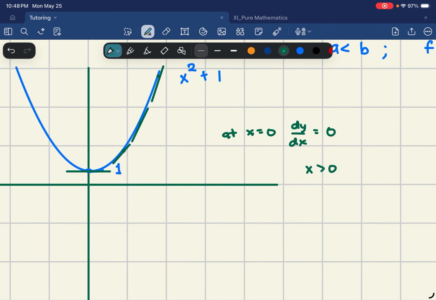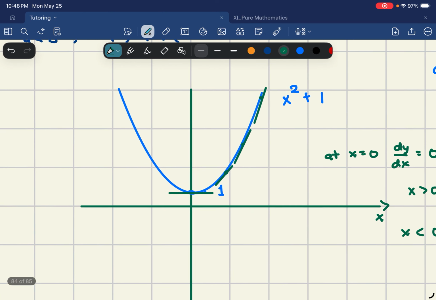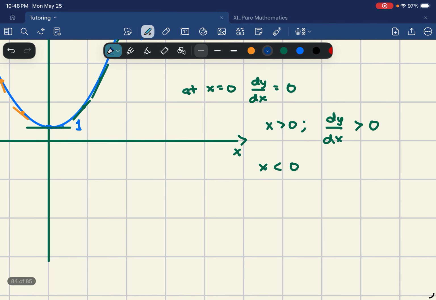For x bigger than 0, if you go this direction, your dy by dx, your first derivative, the slope of the tangent line is positive. And if you check for x less than 0, so if I draw my tangent lines here, you're going to see that you have negative tangent lines, right? So for x less than 0, dy by dx is negative.